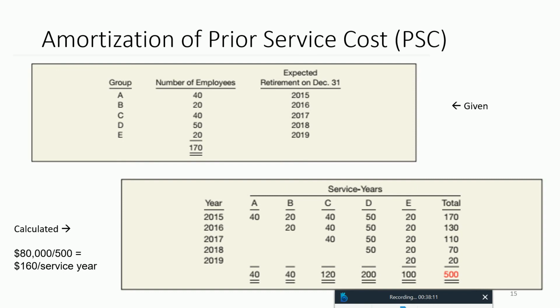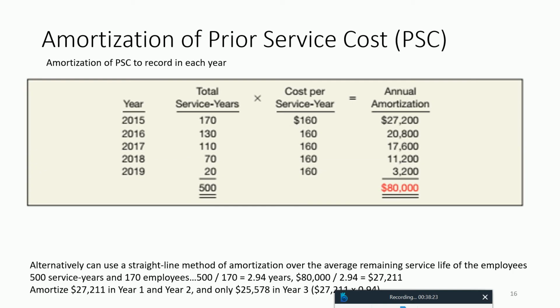For 2016, it's going to be calculated as 130 times 160, 2017, 110 times 160, 2018, 70 times 160, 2019, 20 times 160. So what you end up then is, here's your total service years, your cost per service year, your annual amortization. So over those 5 years, you should end up with that $80,000.